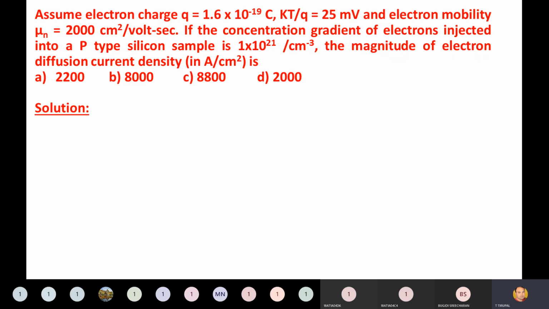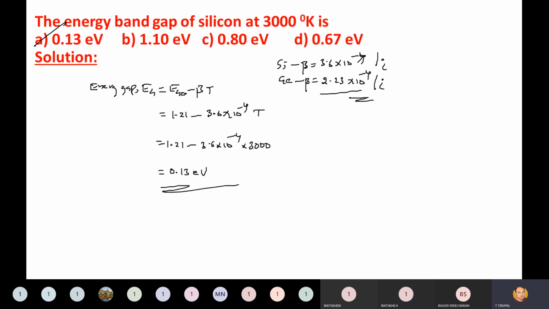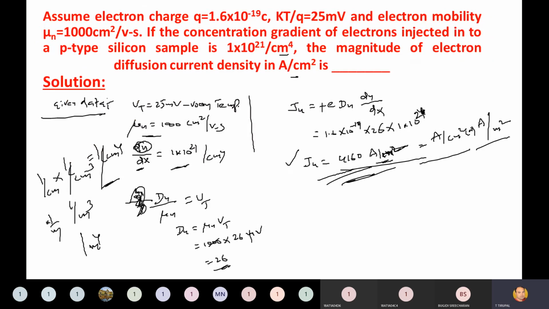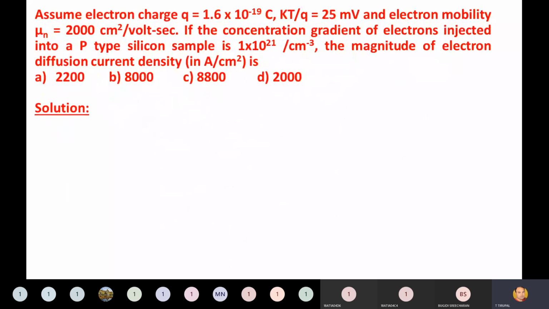Here it is 2000. It's a similar question, we have already solved it. Find the answer. Answer, anyone?